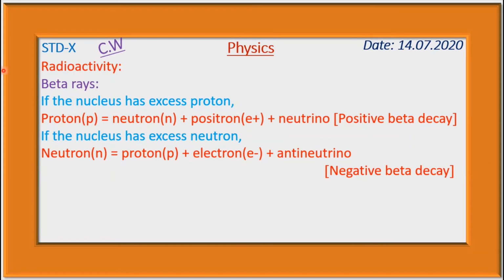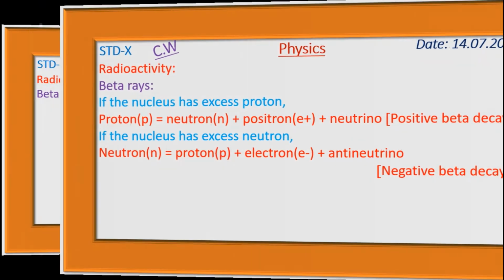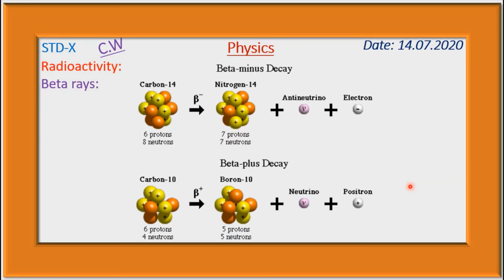That is, if the number of protons is in excess, then positive beta decay, and if the nucleus has excess neutrons, it is negative beta decay.